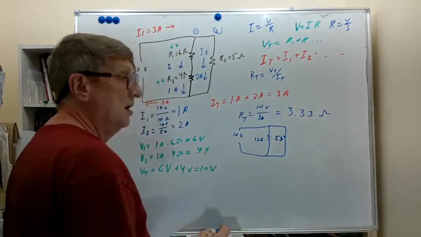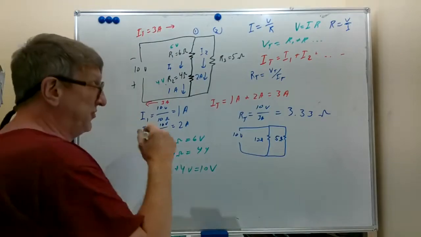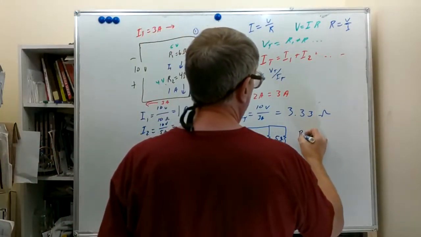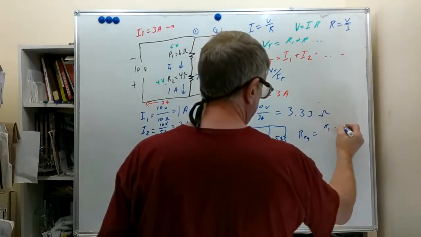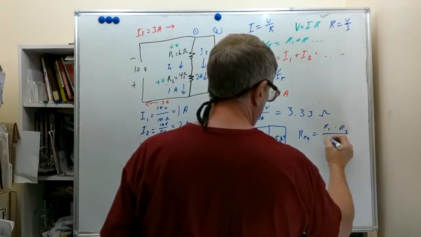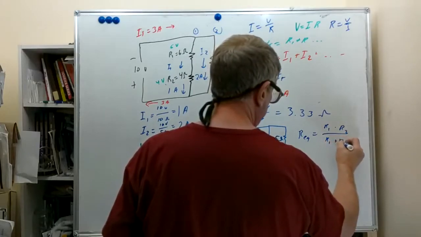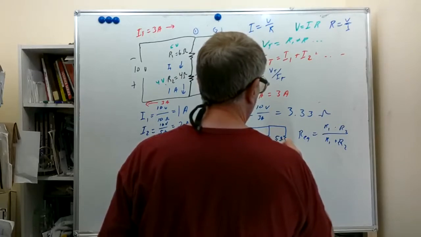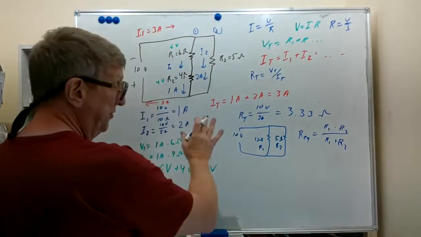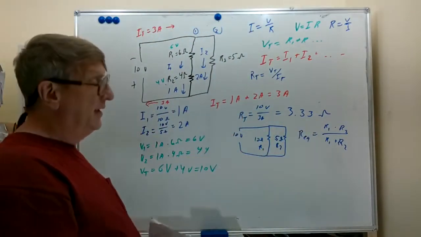And you remember our parallel resistance formula for 2 resistors? We had that R, I'm going to call it REQ this time, is equal to R1 times R2 over R1 plus R2. We're going to reuse some numbers for the sake of this particular formula.